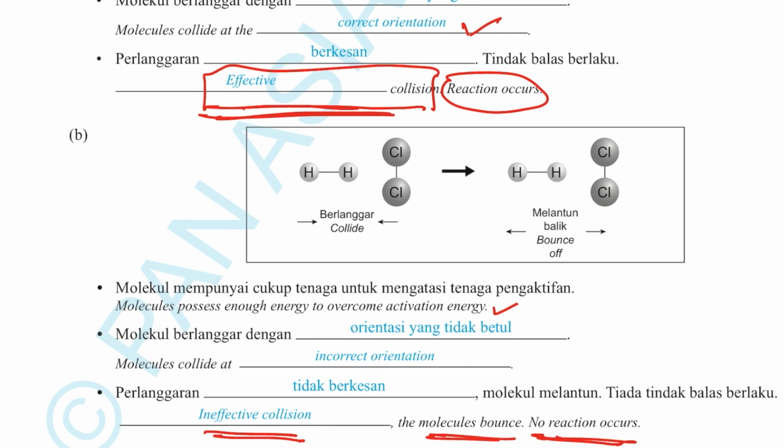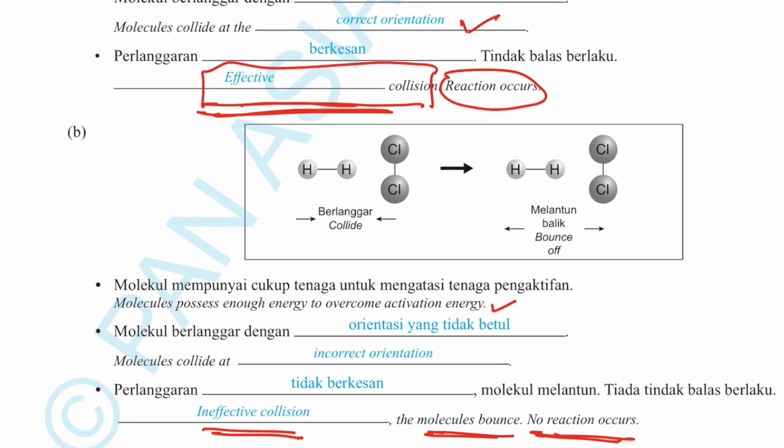But if the collision occurs in the incorrect orientation, it's like this. So you see H2 collides in an incorrect orientation with Cl2, the particles will bounce off. So there is no reaction occurring, no product will be formed.